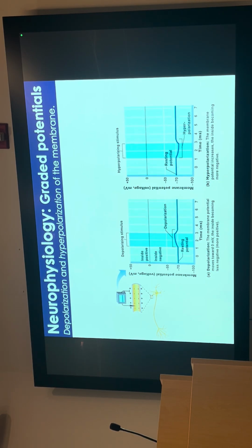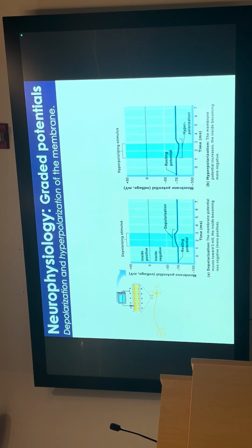Because if it reaches a certain voltage here, negative 50, negative 55, we're going to get that big spike. We're going to get that action potential. So it's moving us closer to threshold, excitatory. Depolarizing stimuli are excitatory. A stimulus that makes a neuron get more negative is going to be inhibitory.